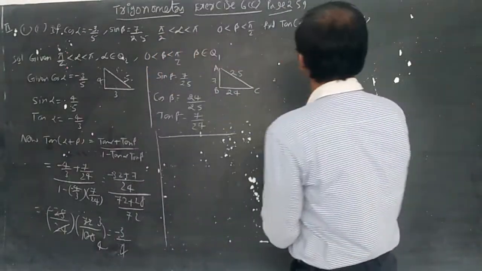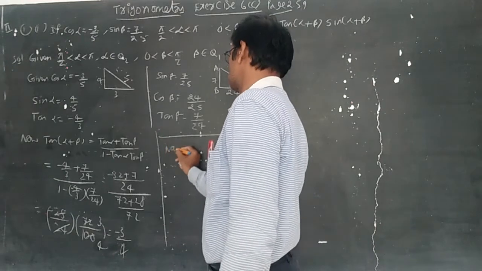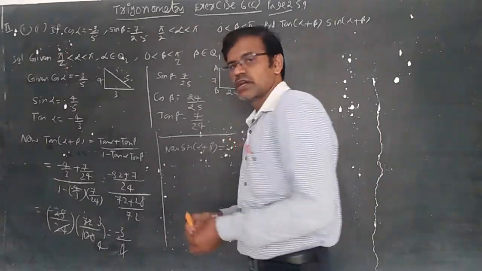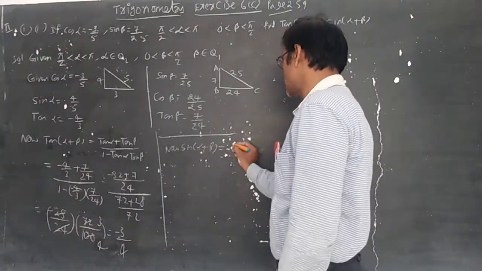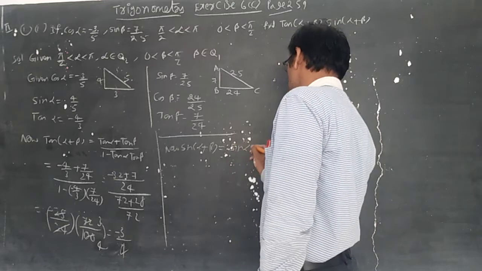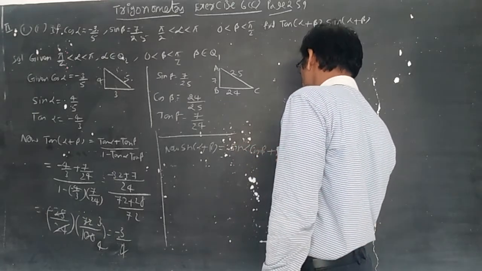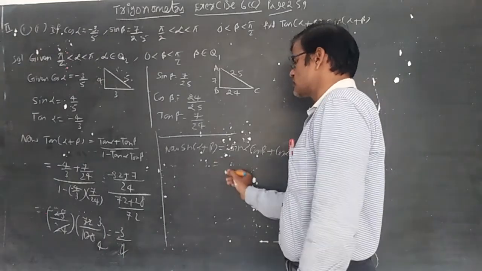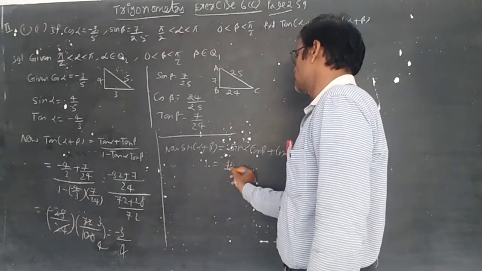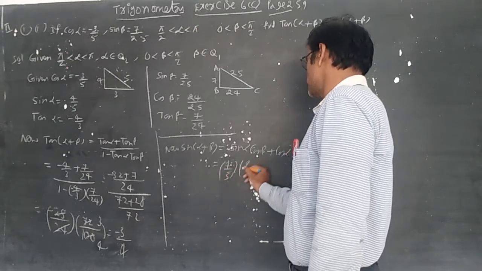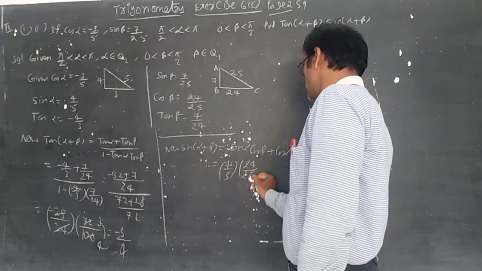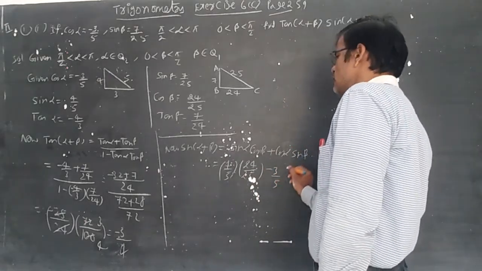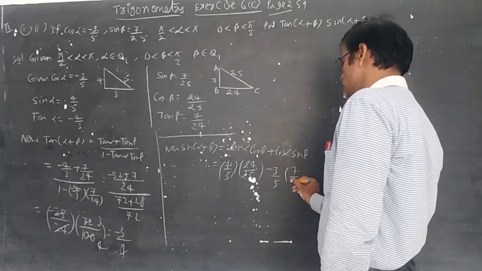Now, sin of alpha plus beta. Write the formula: sin alpha cos beta plus cos alpha sin beta. So the value of sin alpha is 4/5 and the value of cos beta is 24/25, plus the value of cos alpha, minus 3/5, into sin beta, 7/25.